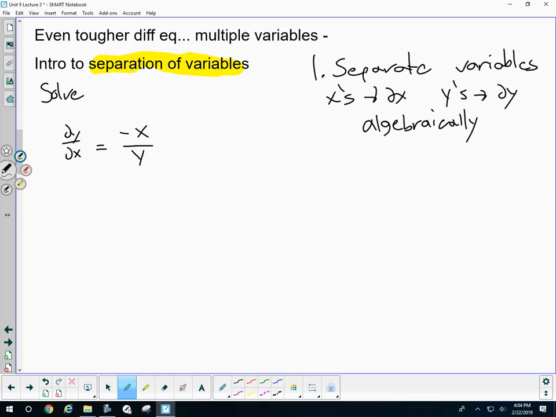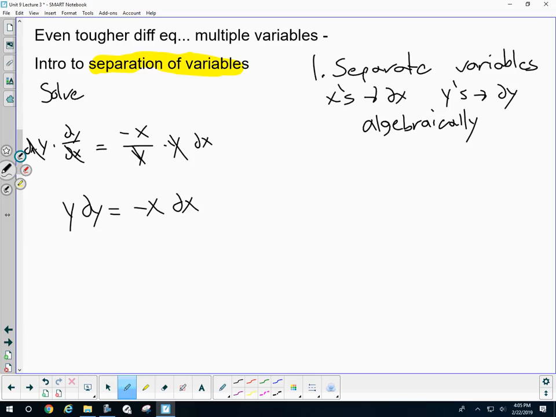What do I mean by algebraically? Well, like multiplying both sides by y. That removes the y from this side and puts it on the left side with dy. Multiplying both sides by dx removes the dx from this side, puts it onto the other side, giving me y dy equals negative x dx.